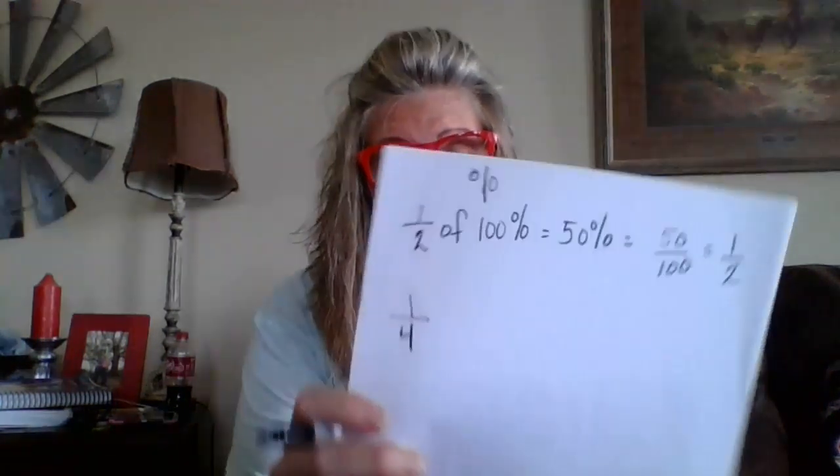How many equal groups do we have? How many is it divided up into? 4. So, we know our denominator is 4. How many blue parts do you have out of those 4? You have 1. So your fraction there is 1/4.